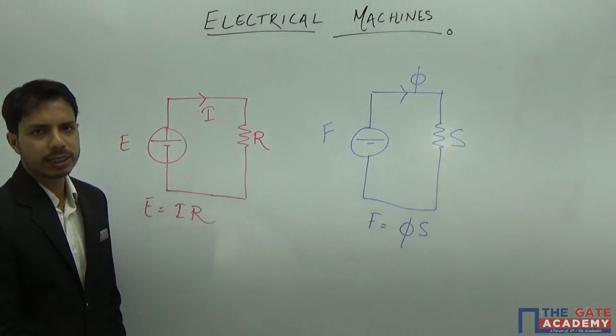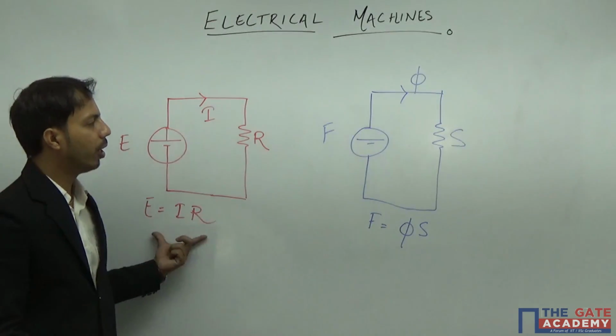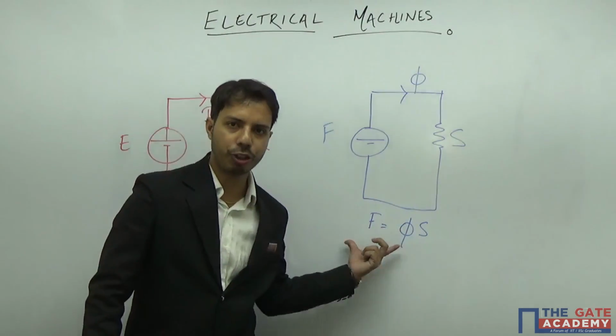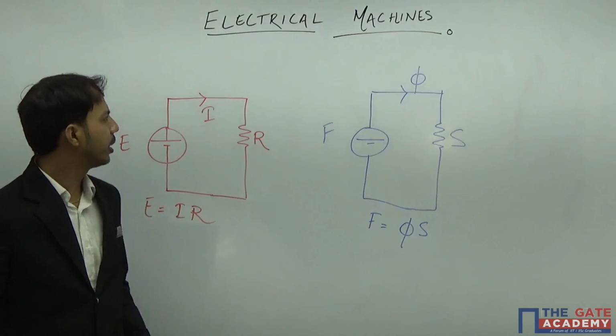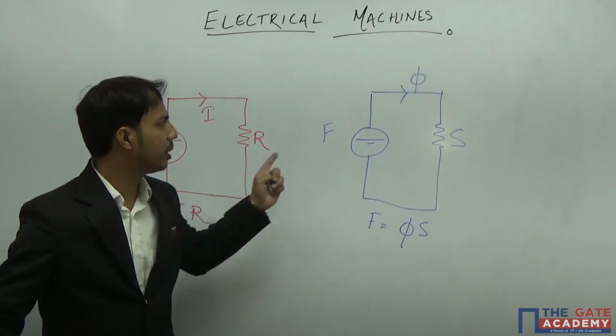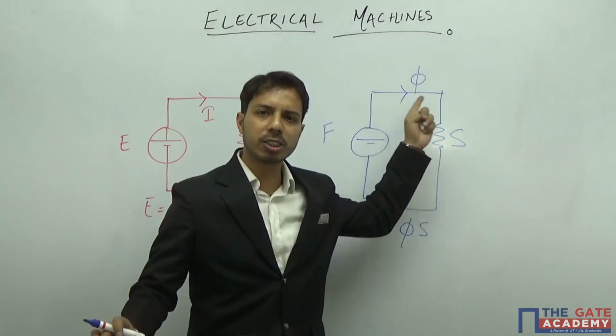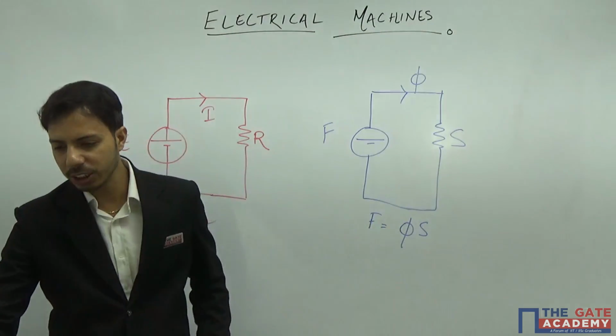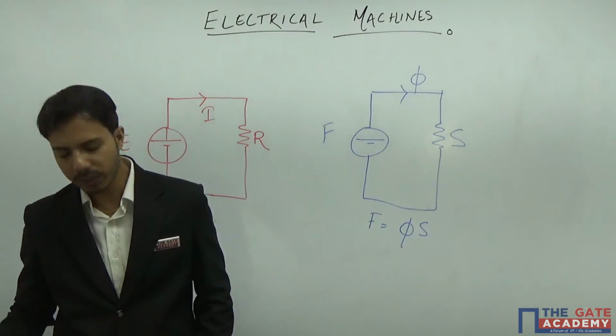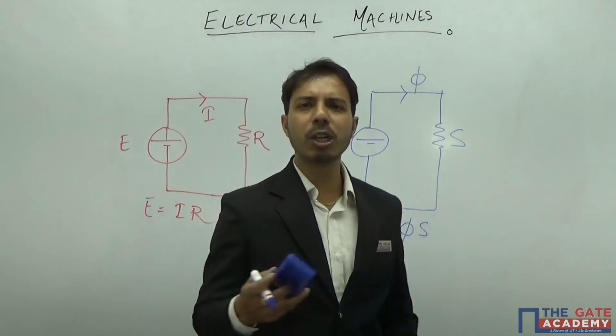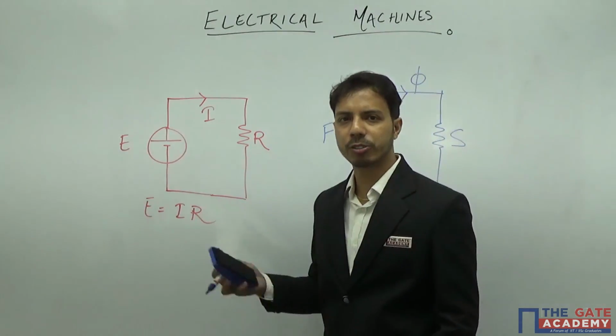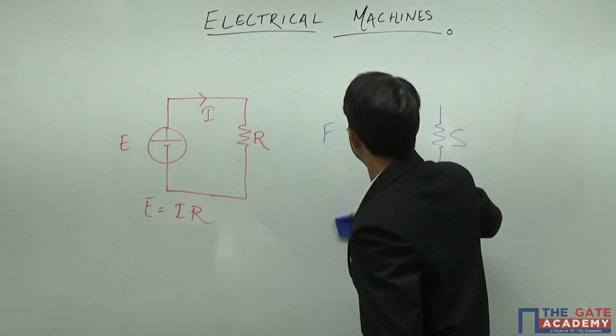So this is the analogy between electric field and magnetic field. Now see, the current flows through the minimum resistance path, whereas the magnetic flux flows through the minimum reluctance path. There is a similarity. Now we are done with the basic terminologies of electric as well as magnetic fields.